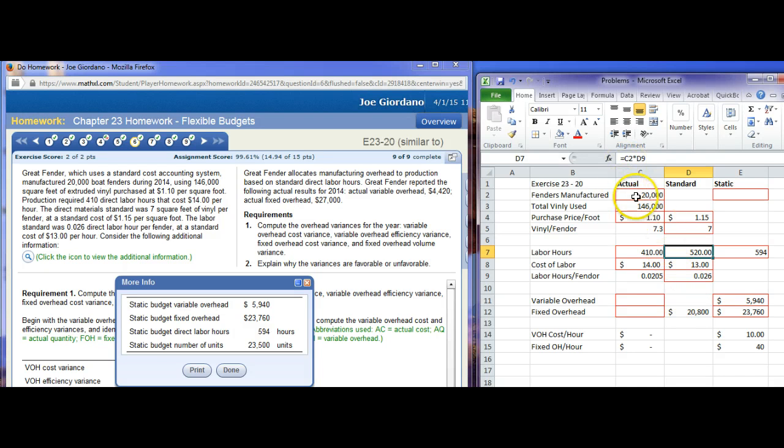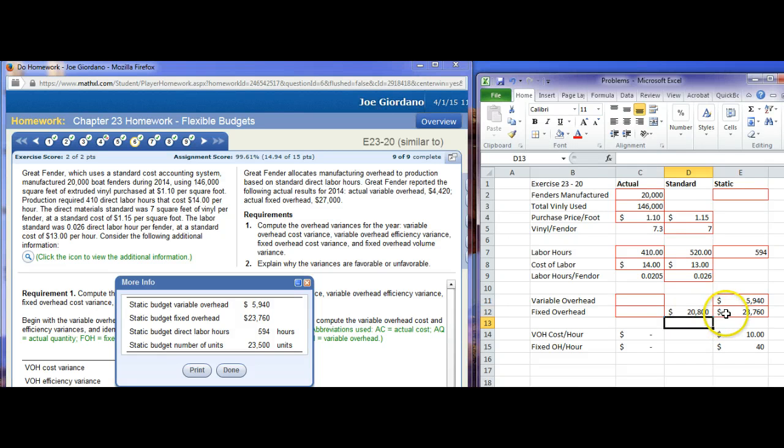So let's take a look at that again. 20,000 actual fenders, which means the flexible budget's 520. This one here, this is what I thought I was looking at before, E15 times D7. So you have your fixed overhead times your 520 labor hours gives you your flexible budget overhead.